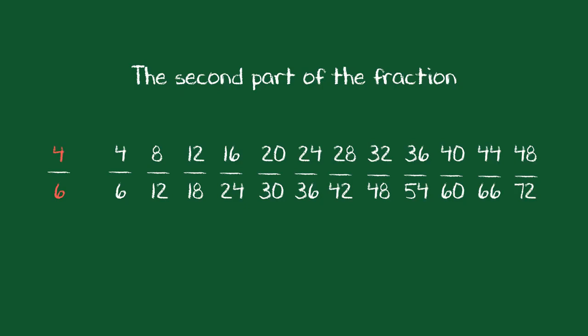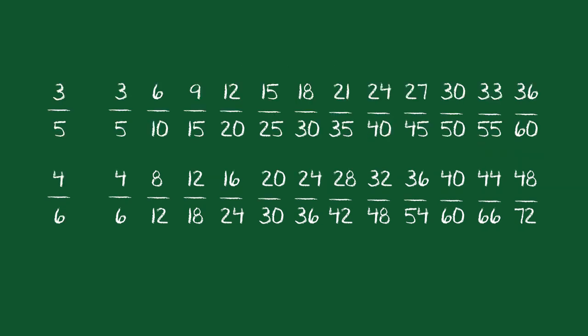Great job. Now that we've lined up all of our fractions and equivalent sets, let's begin. Let's find the lowest common denominator between the bottom numbers, the 5 and the 6. Begin. 30, excellent job.